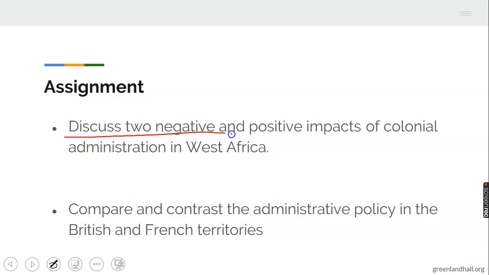Discuss 2 negative impacts of colonial administration in West Africa and the 2 positive impacts of colonial administration in West Africa.